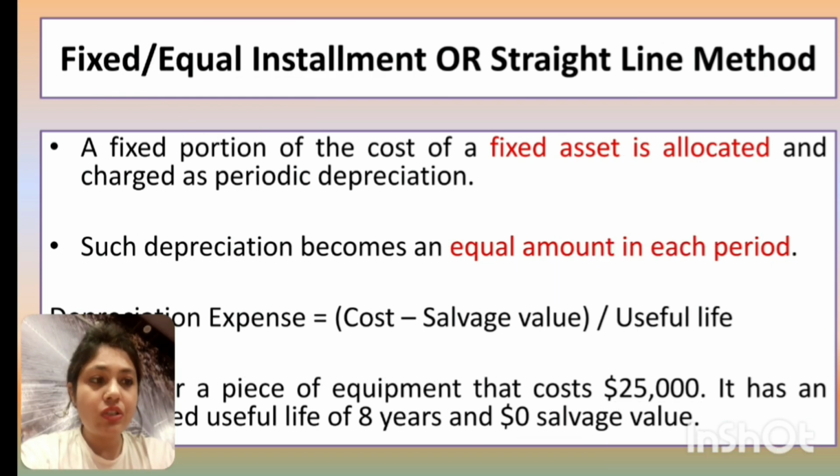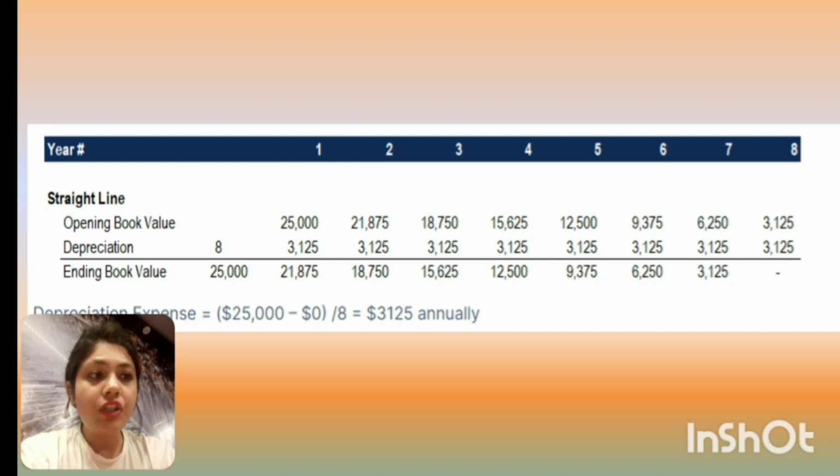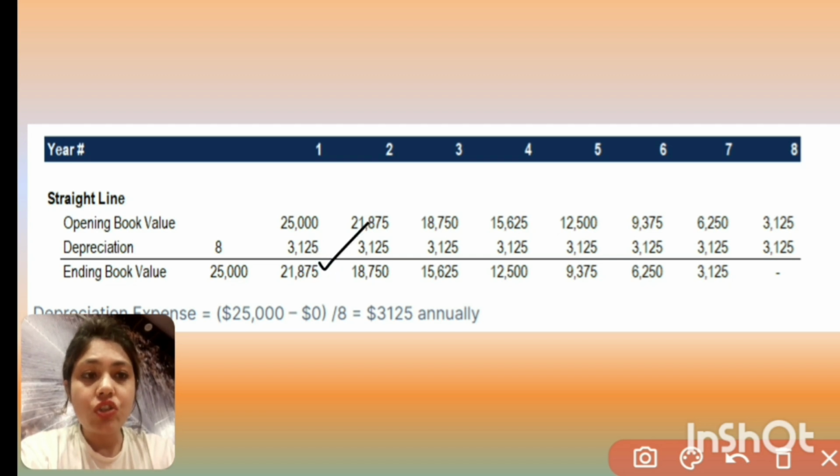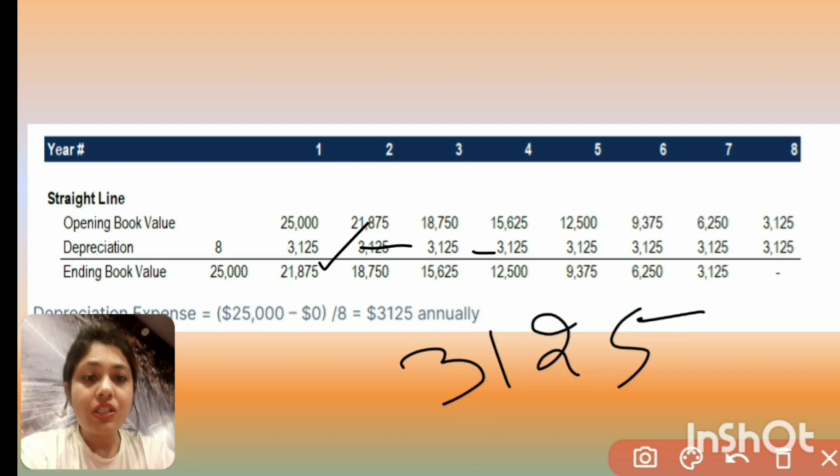We'll see this also in the continuing example. For 8 continuous years, can you see, the rate or amount of depreciation is the same, that is 3,125. The amount of depreciation that will be charged over the useful life of the asset will be the same.